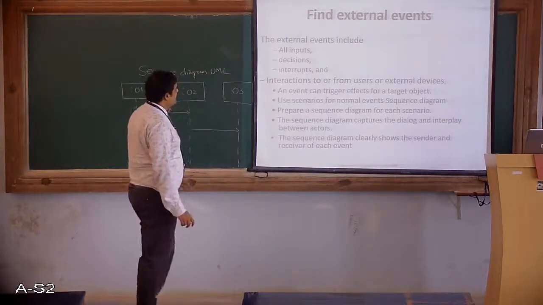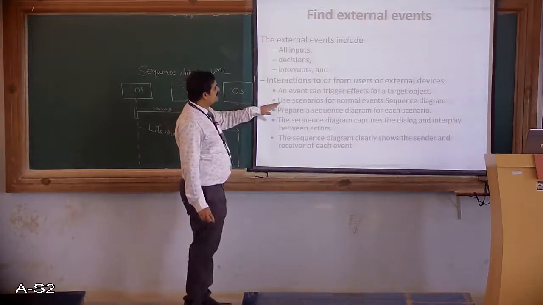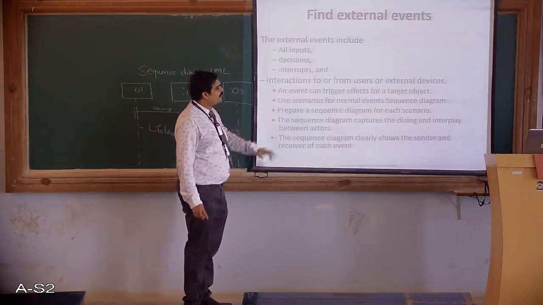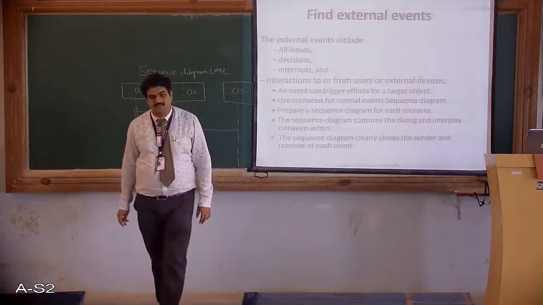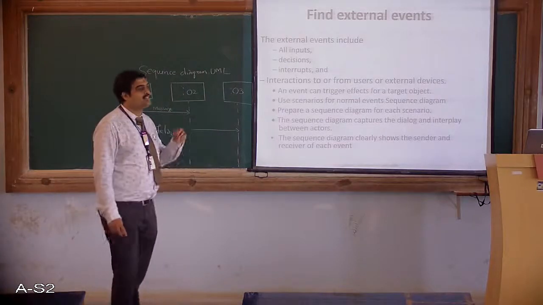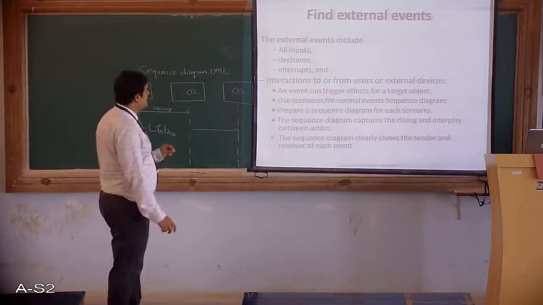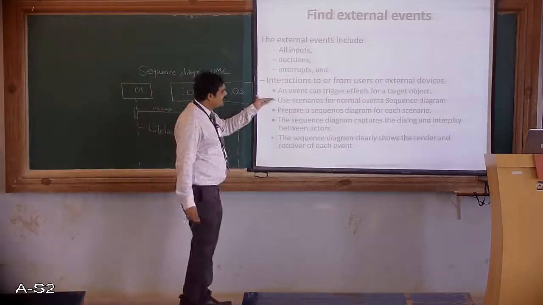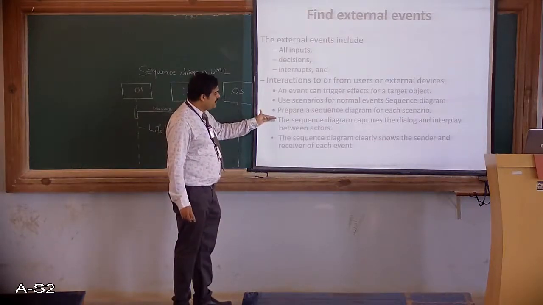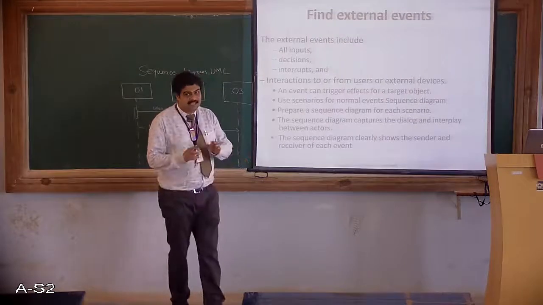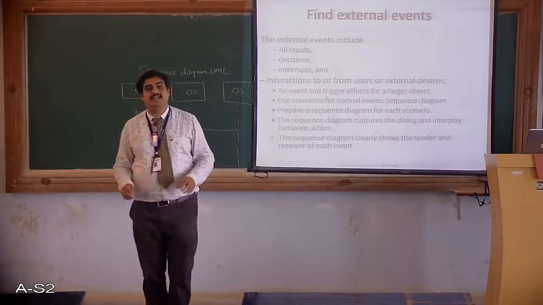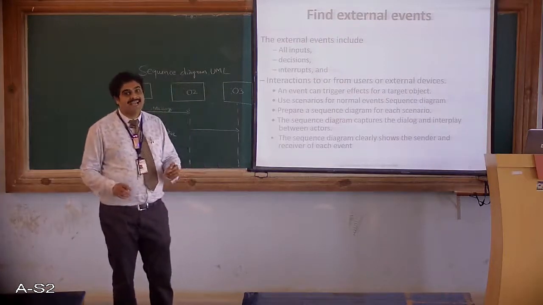You can observe here the use scenarios for normal events. You can use a sequence diagram to represent whatever scenarios you have listed, and definitely you can display them diagrammatically in a more efficient way than textual.